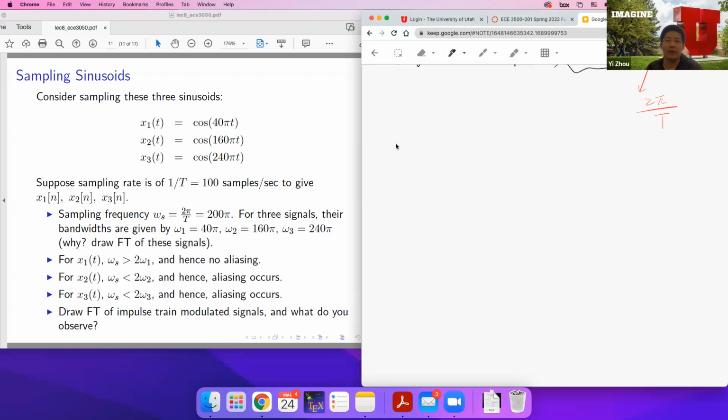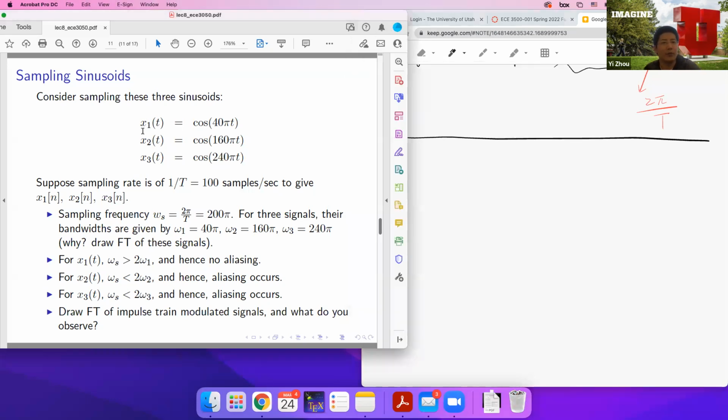And then let's sample all 3 signals at the same sampling rate. Suppose we sample all these 3 signals at 1 over capital T, the sampling frequency, at 100 hertz, meaning that we take 100 samples per second on these 3 signals.